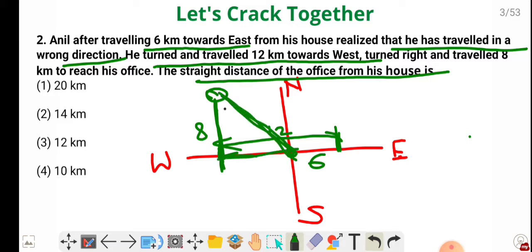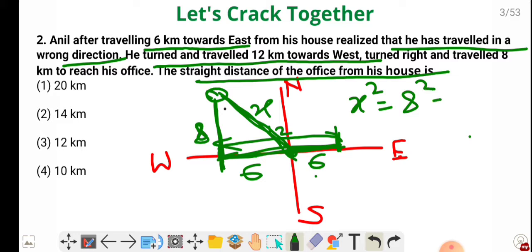If this total is 12, this is 6. Now this will be 6. Here is 8 kilometers. So let this be x. According to the formula, x square is equal to one side square plus second side square. So 8 square is 64 plus 6 square is 36.